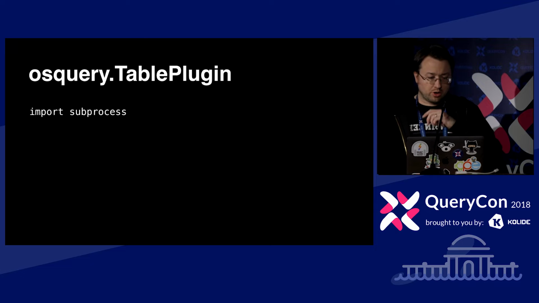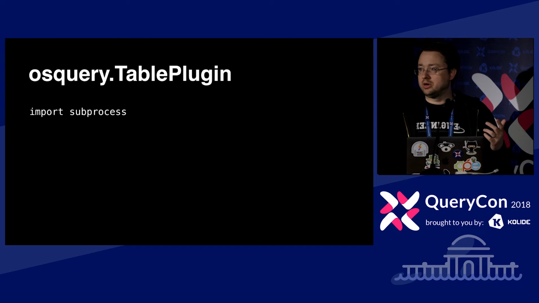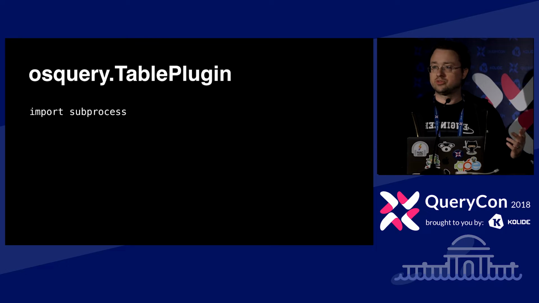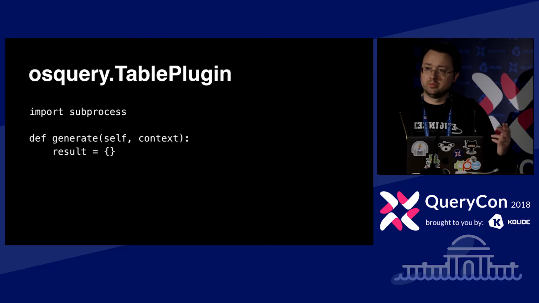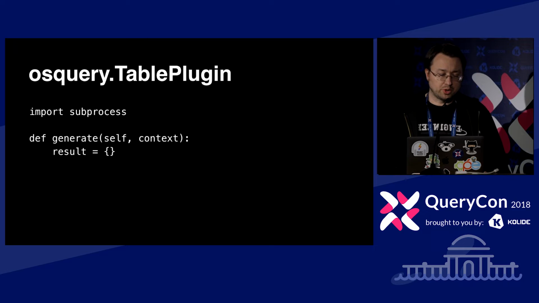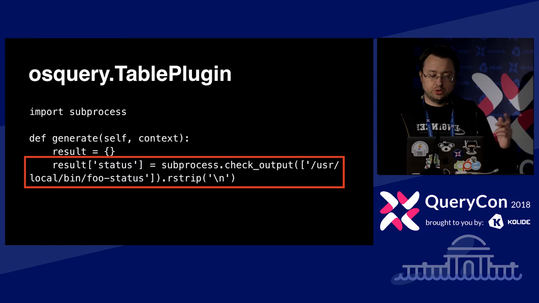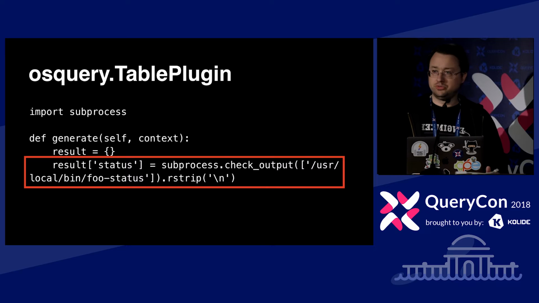So to go back to our hypothetical example of this command, to turn this into an extension, the straightforward way to do that would be to use the subprocess module in Python. Then we would rewrite the generate function to use subprocess to directly call foo status and read the text that comes back.